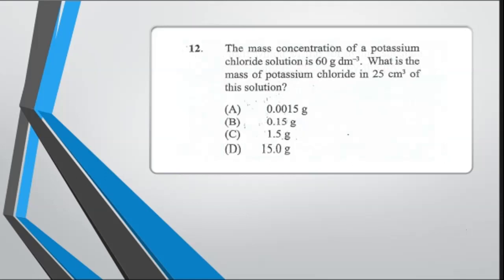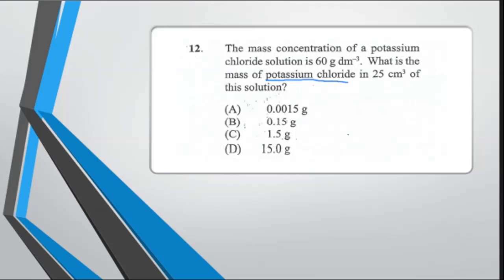Question 12. The mass concentration of potassium chloride solution is 60 grams per dm cube. What is the mass of potassium chloride in 25 centimeters cube of this solution? All right, so we're trying to find out the mass of potassium chloride that is in here.